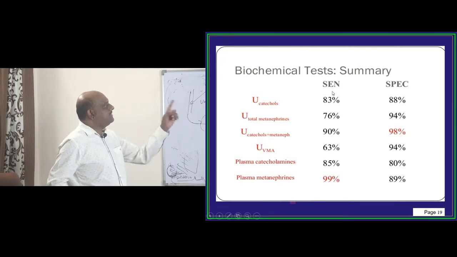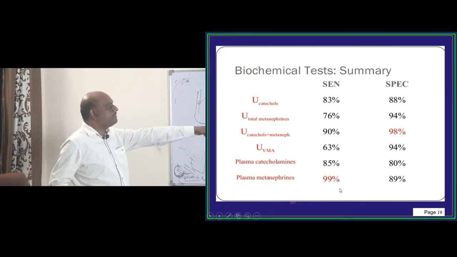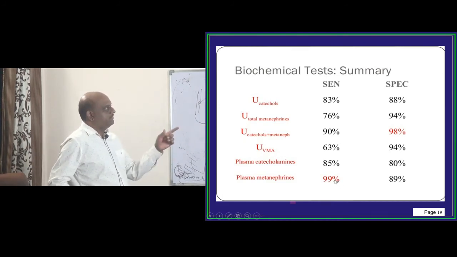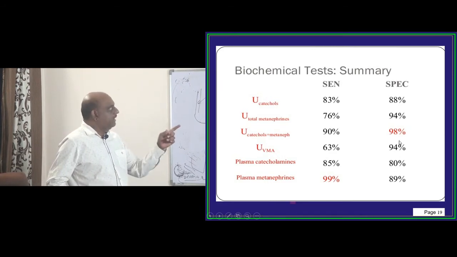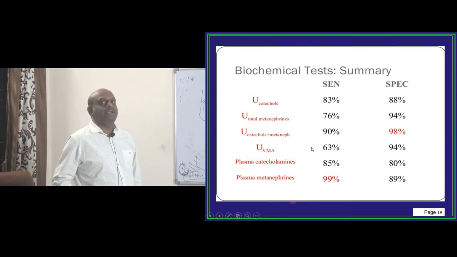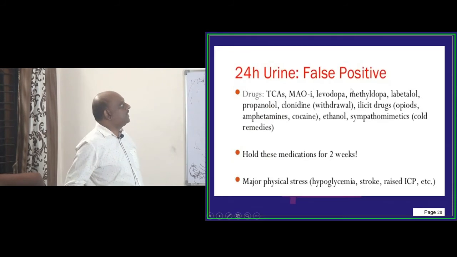If you look at the sensitivity, highest sensitivity is for the plasma metanephrines and highest specificity, if you take, you have to calculate urinary catecholamines plus metanephrines have got the highest specificity is what you have to remember.